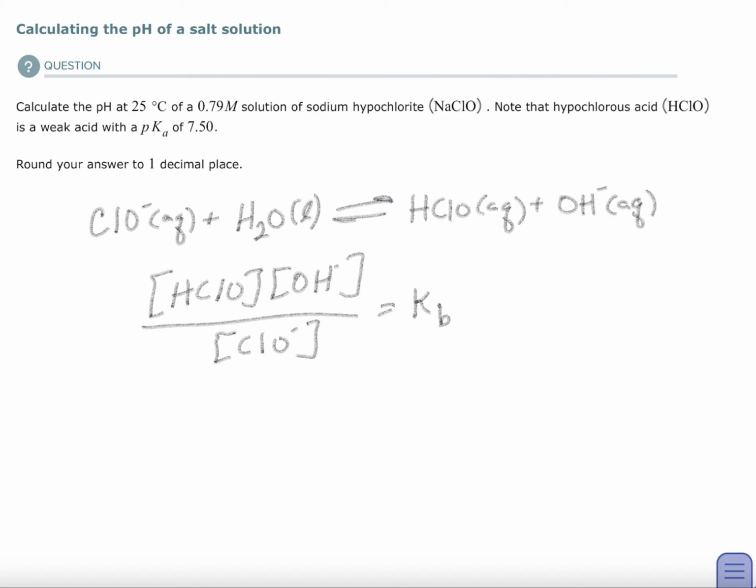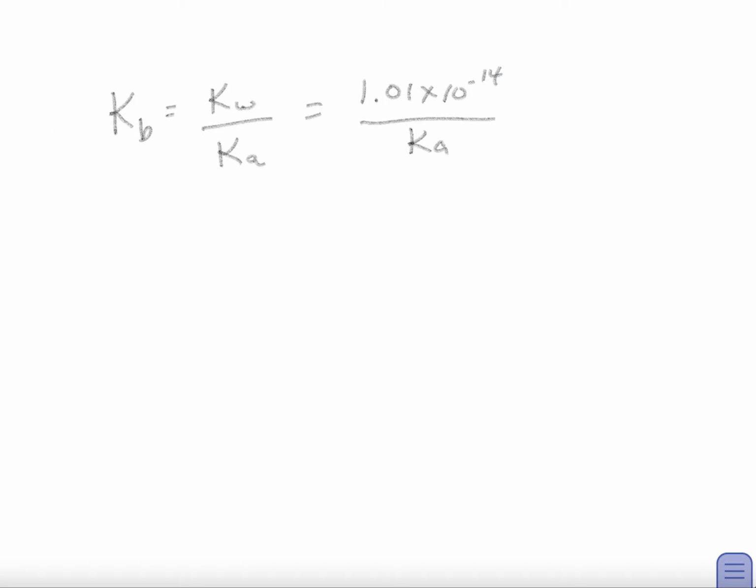So how do you do that? We know that the Kb is going to be the water constant, which is just a number you can look up, 1.01 times 10 to the negative 14, divided by the Ka. We also know that the Ka, which we don't have, you can find from the pKa. So Aleks certainly did not help us here.